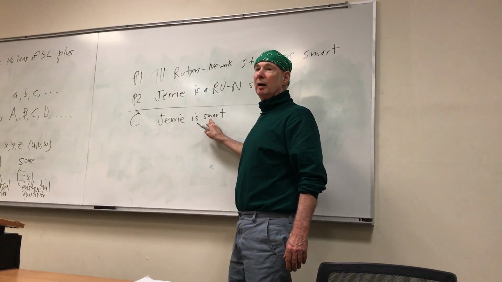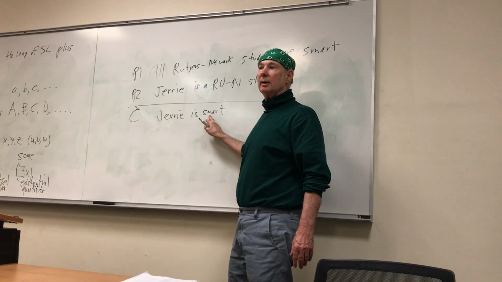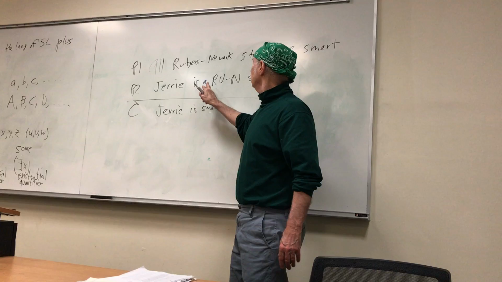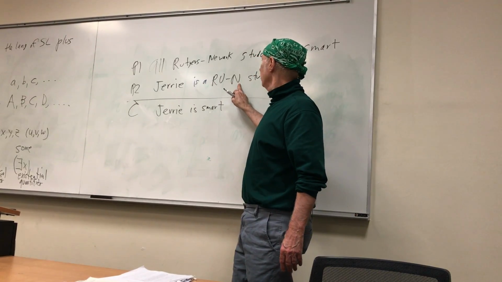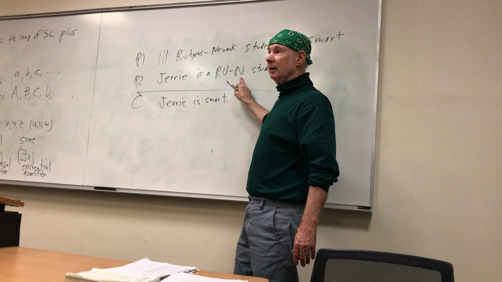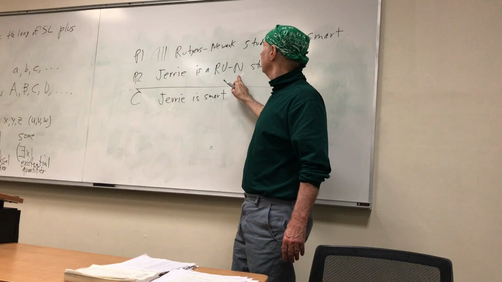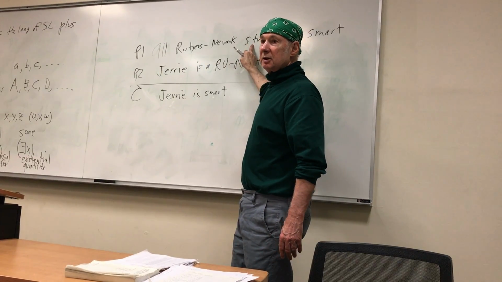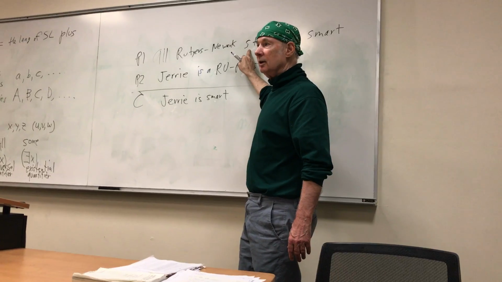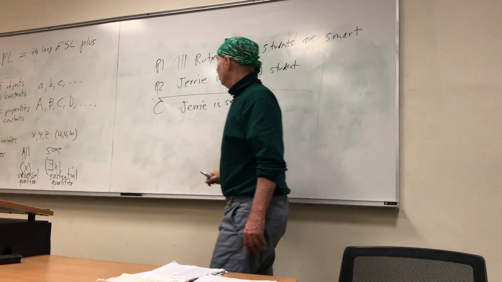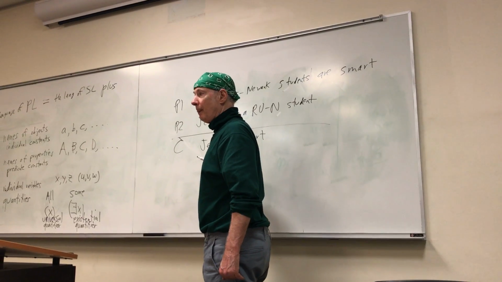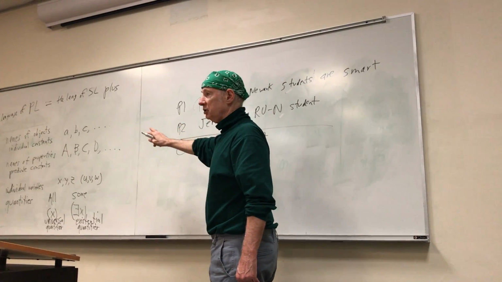Is smart a property, a verb? Yes. Is Rutgers Newark student a property? Yes. All Rutgers Newark students, are they objects? Yes. Okay, since that's an object, we need a name. So let's just use little j.